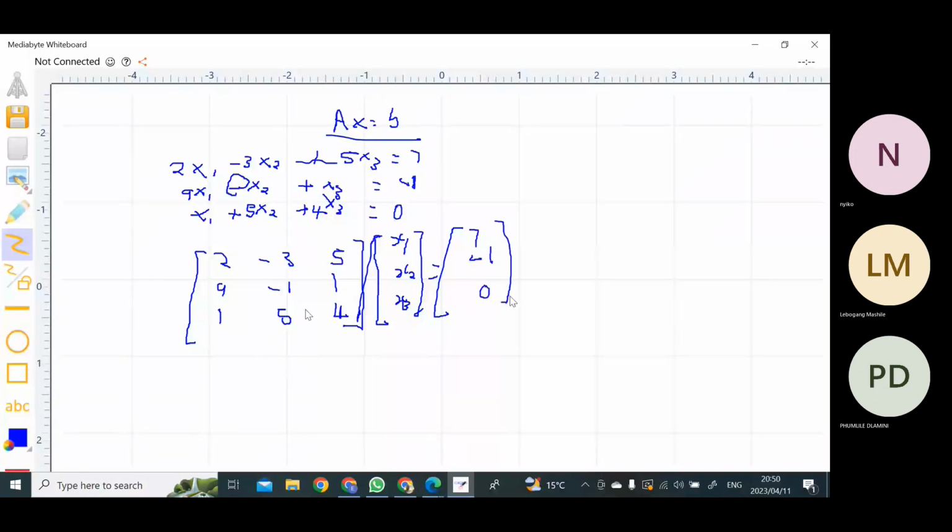I didn't write it properly, so let me try to be clear because I was checking this matrix, but I think you can see it.